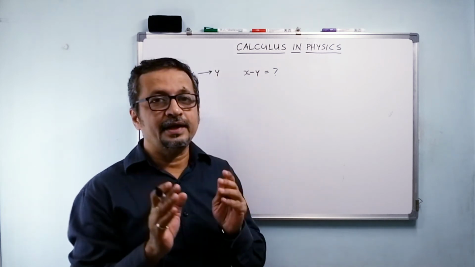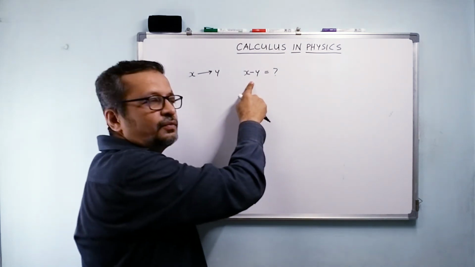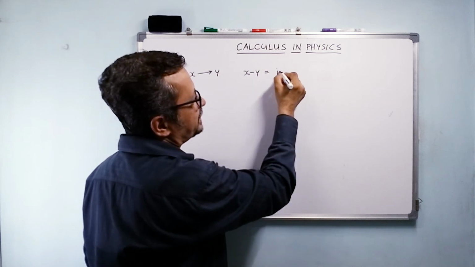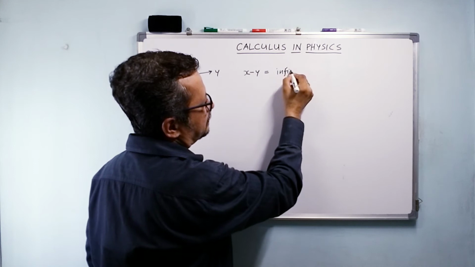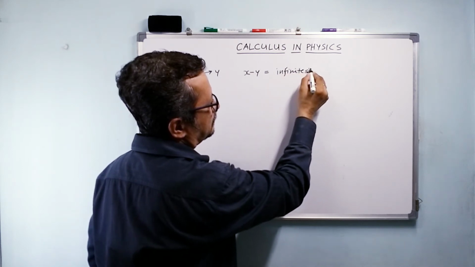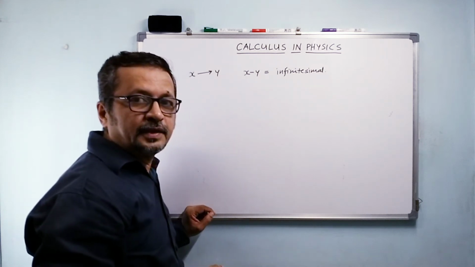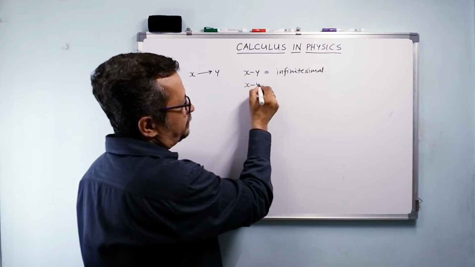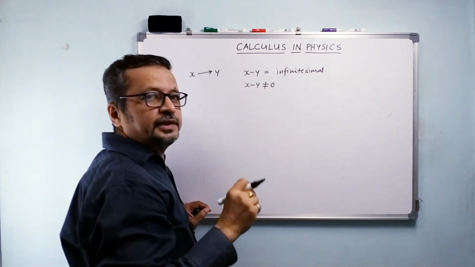No, x is approaching y. Then x minus y would be how much? It would be infinitesimally small. I would also say x minus y is not equal to 0. It would be some quantity which is very small.